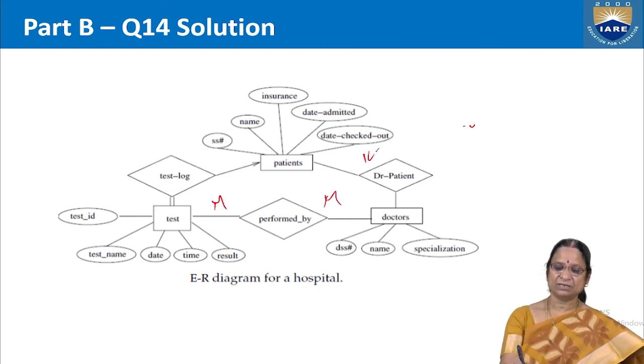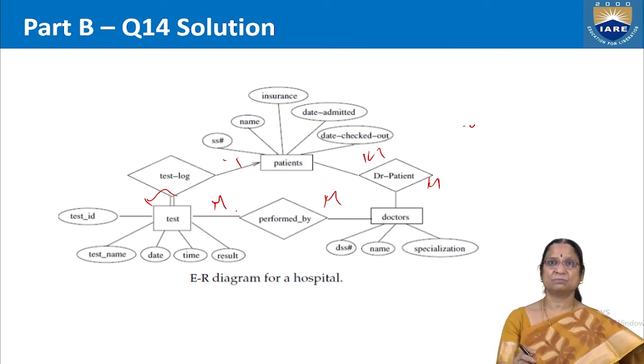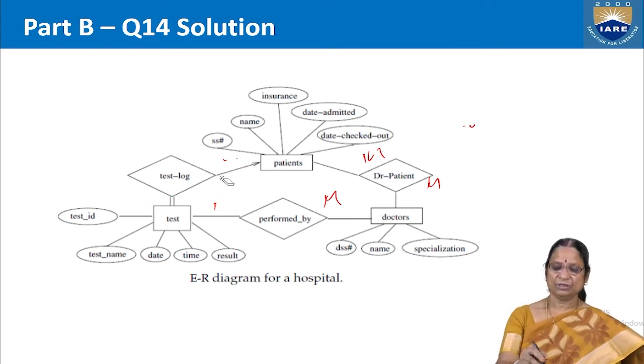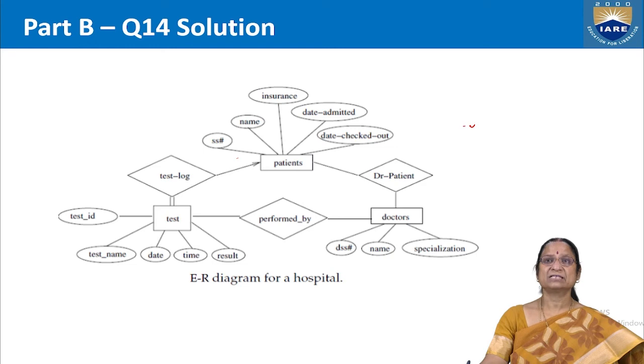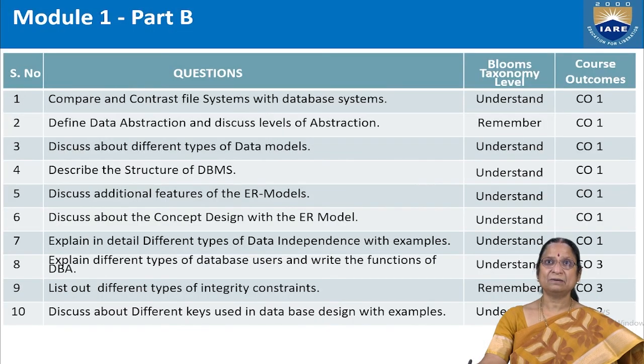This is also many relationship, but this is many to one relationship. Here this log test is having a unary relationship also. Okay, this is the solution for our entire ER diagram of a hospital environment. Okay, so this is the part B.